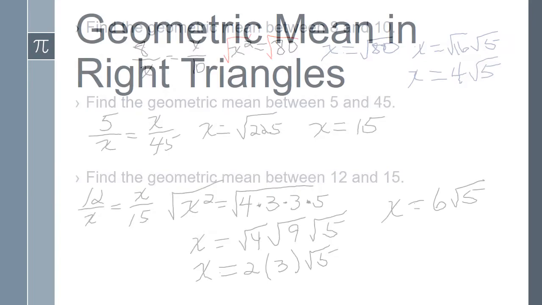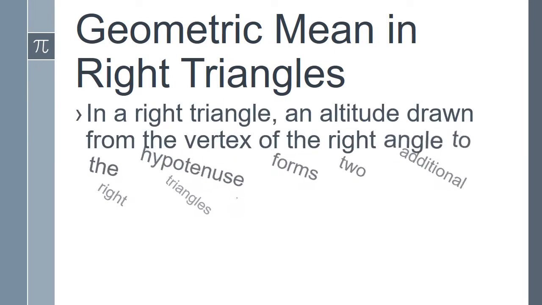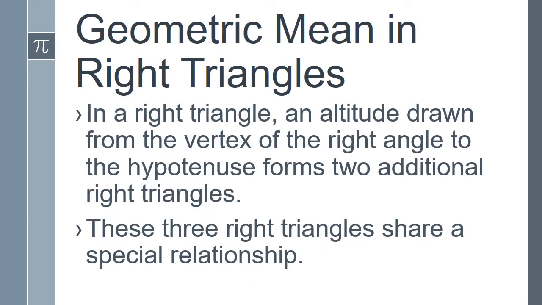All right. Now, geometric mean in right triangles. If in a right triangle, an altitude is drawn from the vertex of the right angle to the hypotenuse, it forms 2 additional right triangles, and these 3 right triangles share a special relationship.